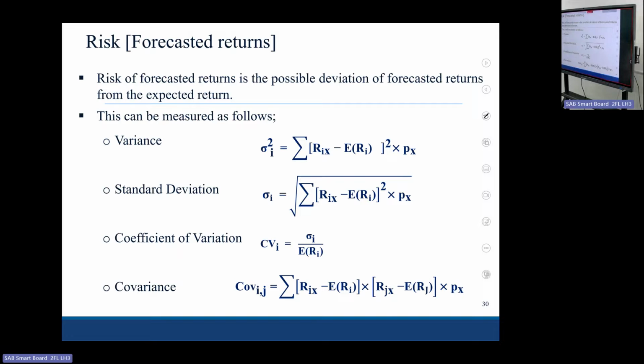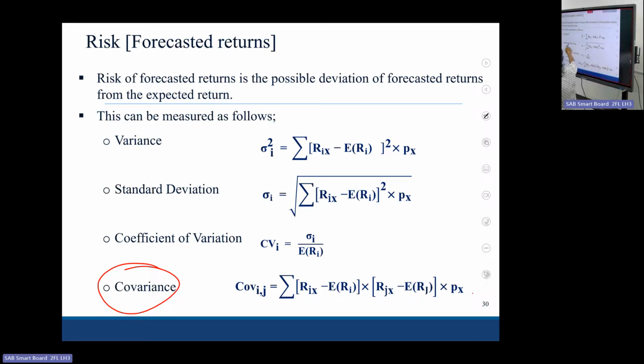So the last one is the covariance. Even covariance you can use to measure the risk. So now we discussed variance, standard deviation, coefficient of variation. So what is this covariance? Normally to calculate the covariance, you need two variables.